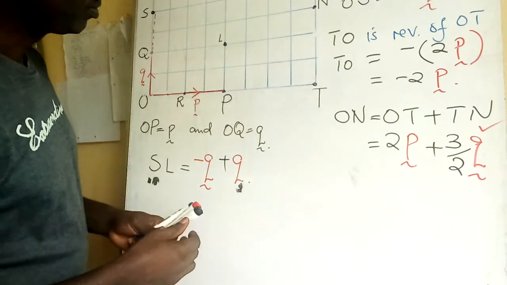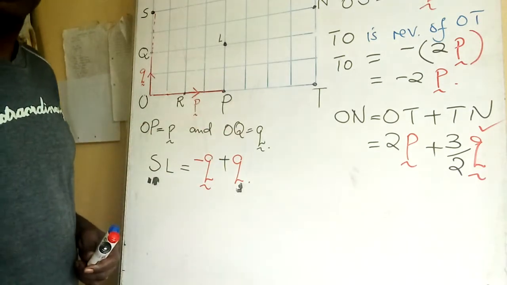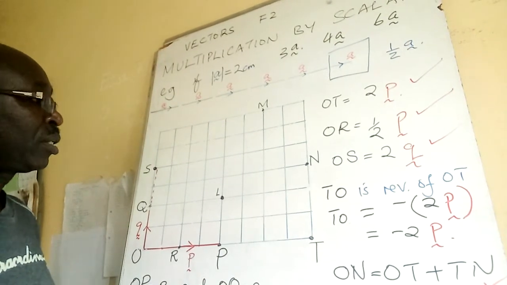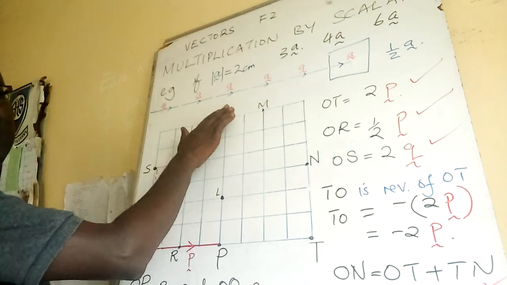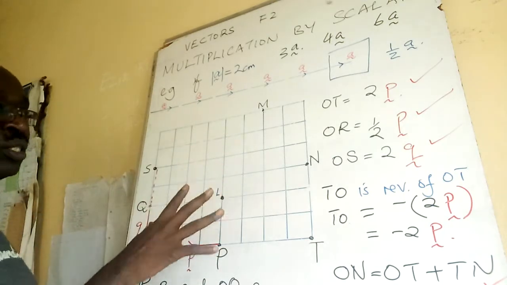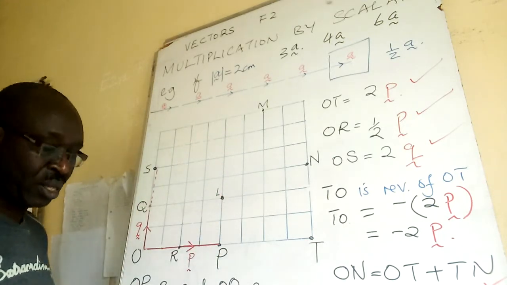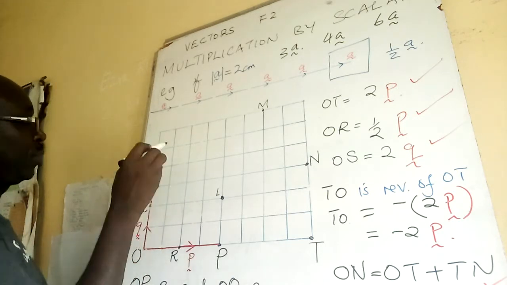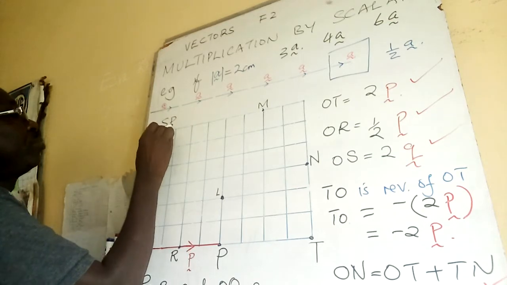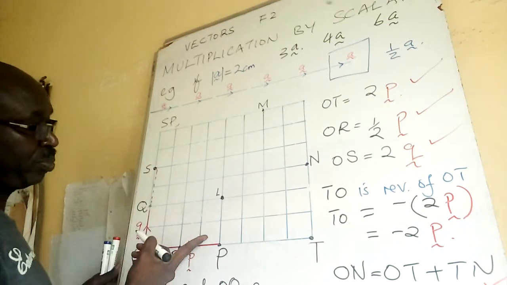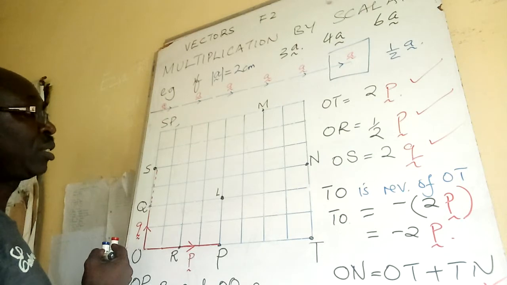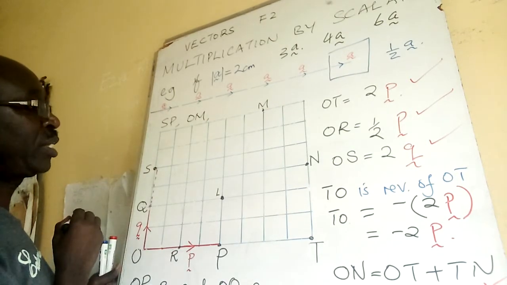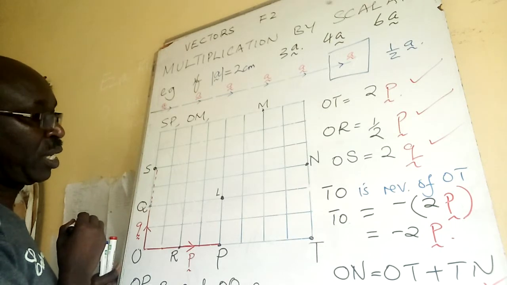Now, I want you to get, I will write them here. This is where we were. I want you to get SP. I want you to get OM, and I want you to get LT.